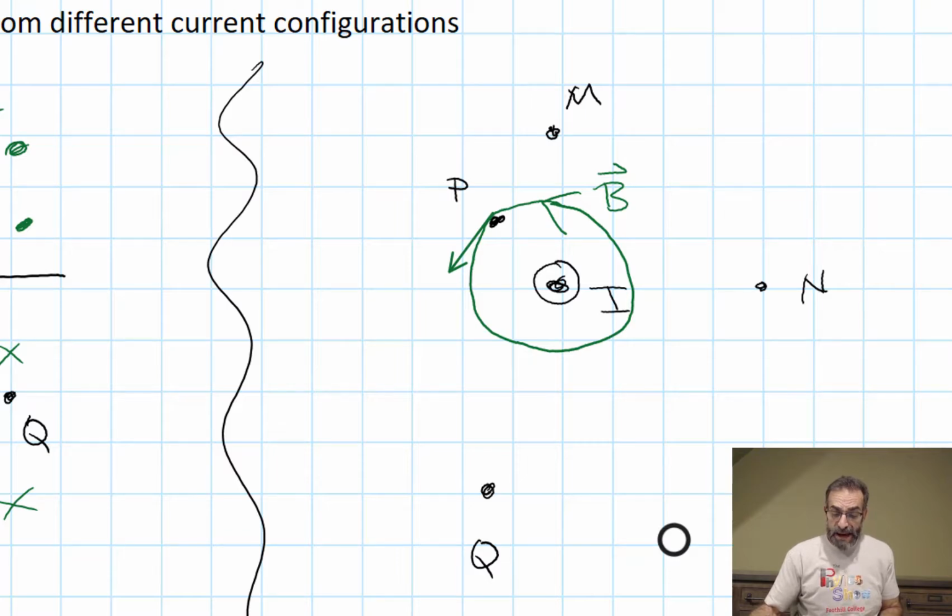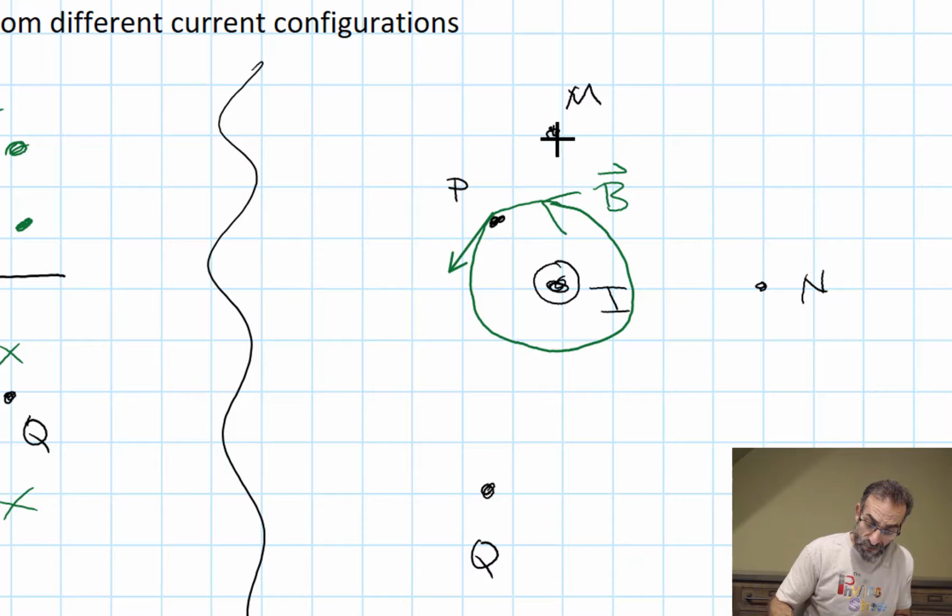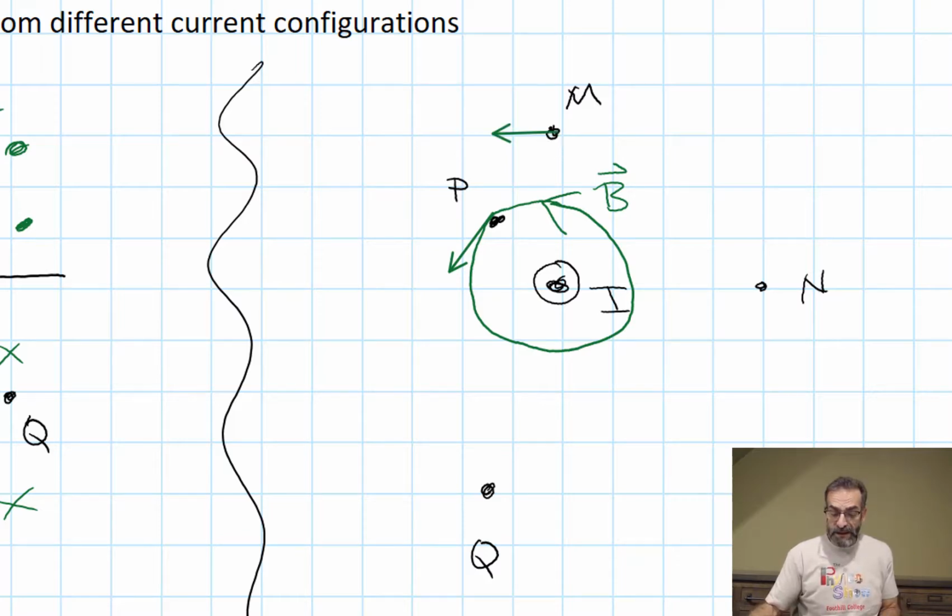If I was at point M, my magnetic field would point to the left, tangent to the magnetic field line, because my magnetic field at that point is a larger circle with the magnetic field running counterclockwise.